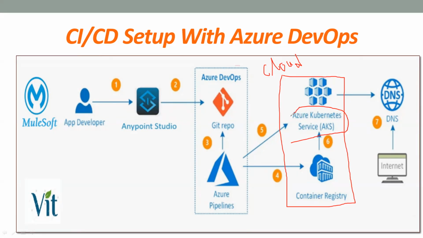We are not going to use Azure Kubernetes in this exercise. Normally this process is followed in real time in organizations. Some organizations follow AKS. So this is the architecture. Now, instead of this one, we are going to use CloudHub.